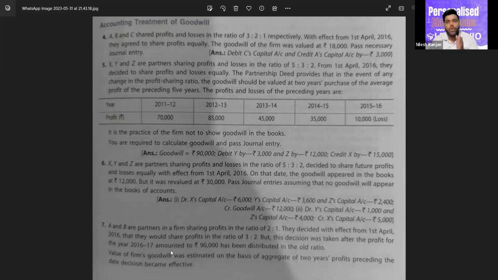Please try to remember all these concepts we are studying in this chapter, because these topics will be repeated in the next chapter, that is admission of a new partner and retirement of a partner. That's why you need to remember these concepts so that it will be easy for us to solve that chapter. Otherwise we have to do it again. Is that clear? Yes, sir.